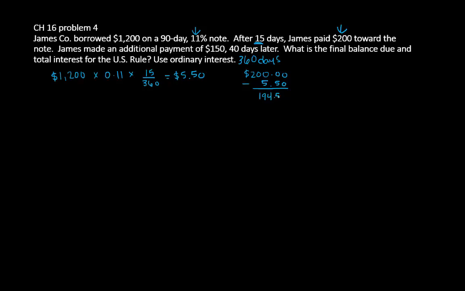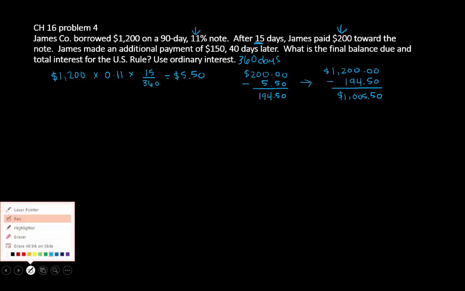So this is what remains after the payment has been applied to the interest. So that will go towards the principal. So our old principal of $1,200 will decrease by $194.50 to give us our new principal of $1,005.50.